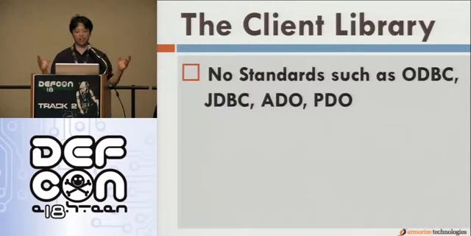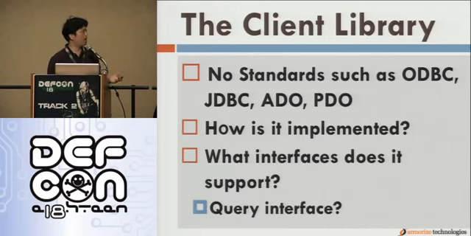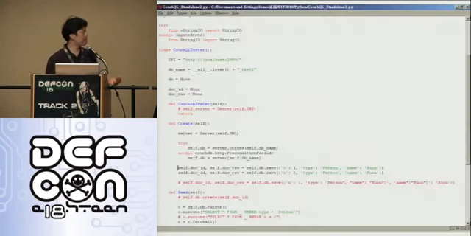So the client library implementation right now has no standards such as ODBC, JDBC, ADO, PDO, etc. So these questions would strongly affect the security standing and aspects of these client libraries. How is it implemented? What interfaces does it support? Does it support a query interface?